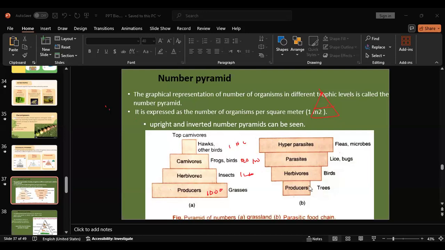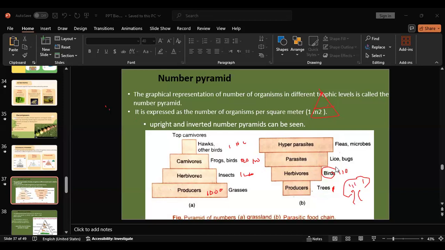Sometimes in another case, it will be inverted. For example, there is a tree, and on the tree there will be fruit or something. On one tree, sometimes 10 birds consume the food.